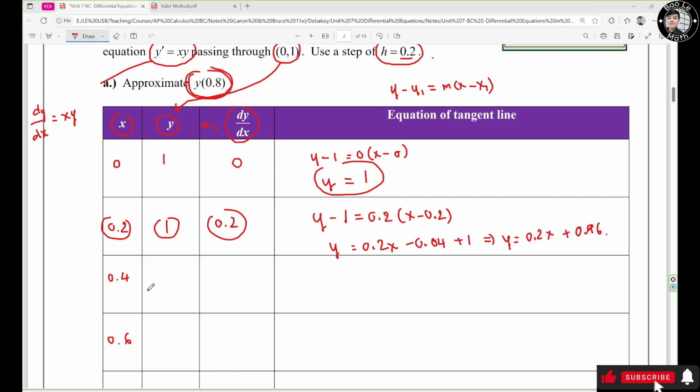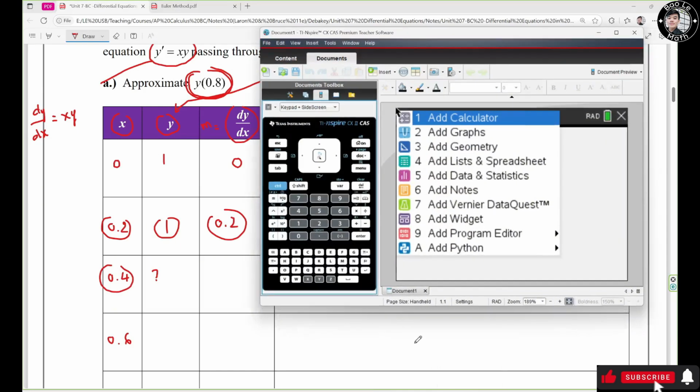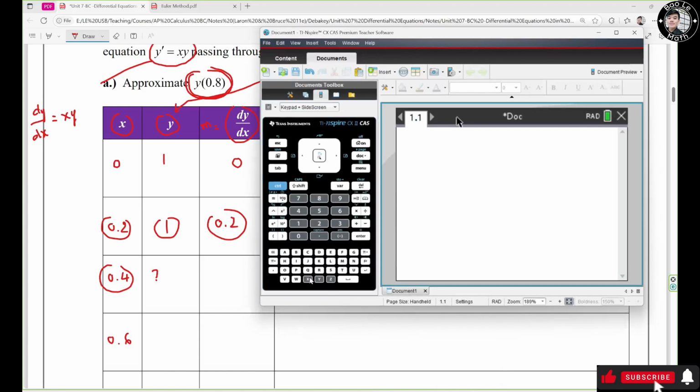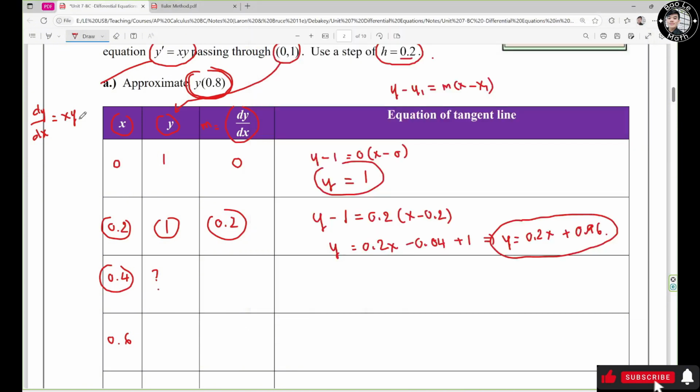Now, to calculate the new y value, you need to substitute 0.4 for x into this equation. So I have 0.2 times 0.4 plus 0.96. Hit enter. The answer is 1.04, so the value right here should be 1.04.